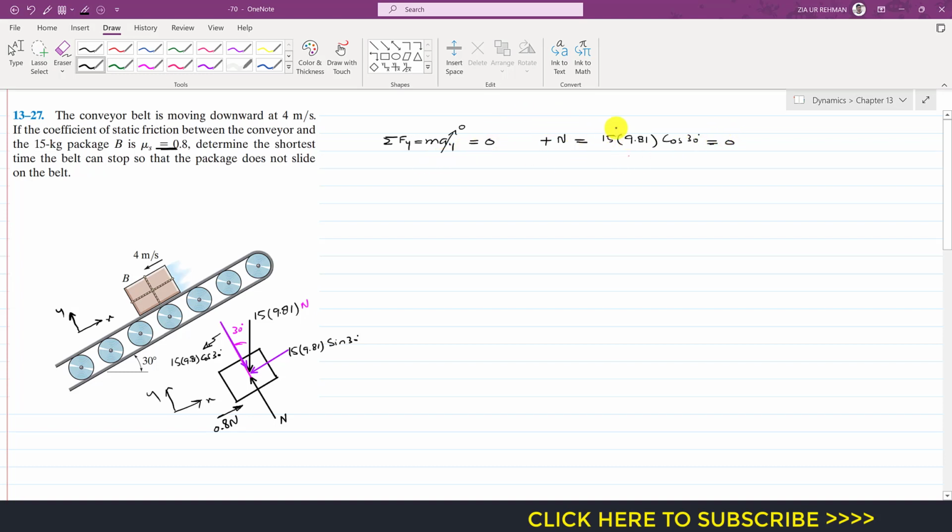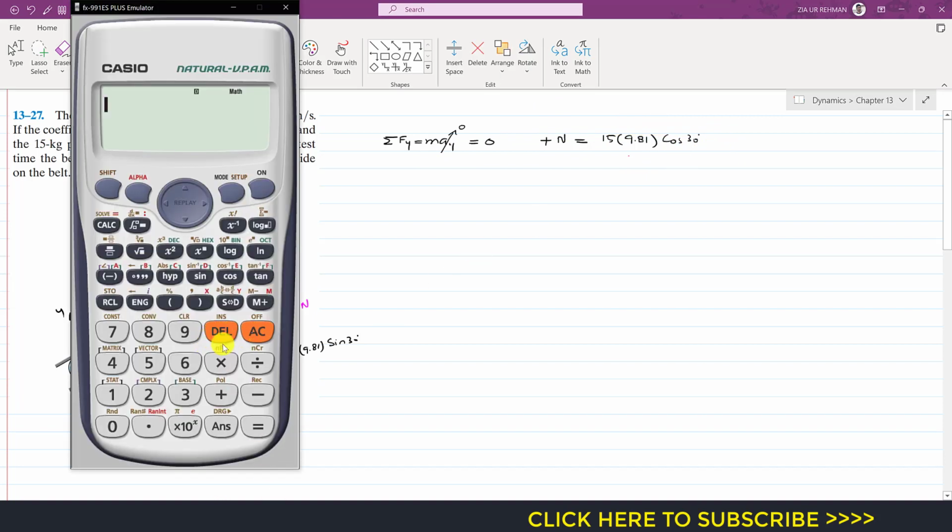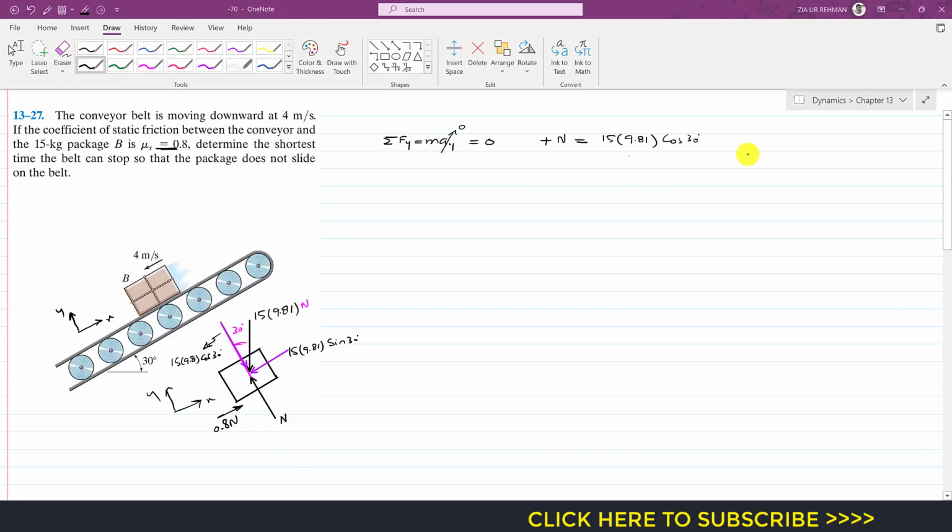From this we can say that the normal force is equal to the cos component of the weight, which is 15 into 9.81 cos of 30 degrees. So this gives me 127.44 newtons. So N is equal to 127.44 newtons.